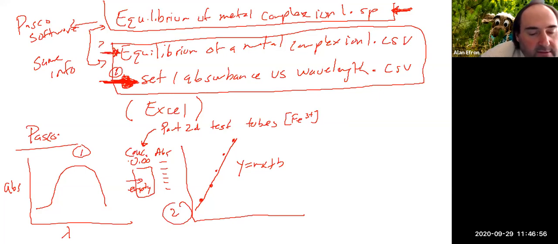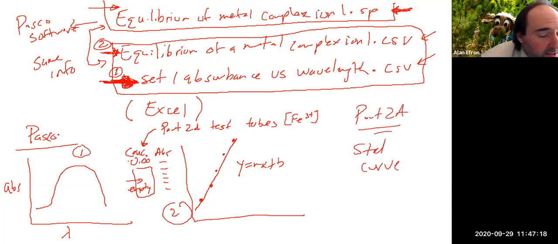So again, you could do this all in Excel by using these 2 files. You could do both of those things in the Pasco software using this one file. So these 3 files that you see towards the end are basically for part 2A, the standard curve part. And again, you don't have to use both.